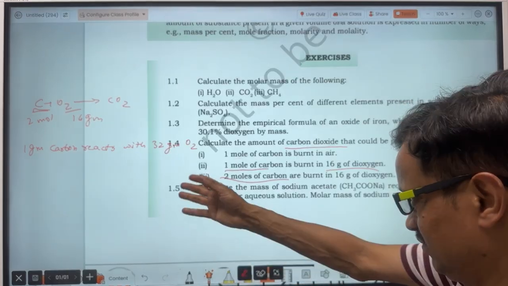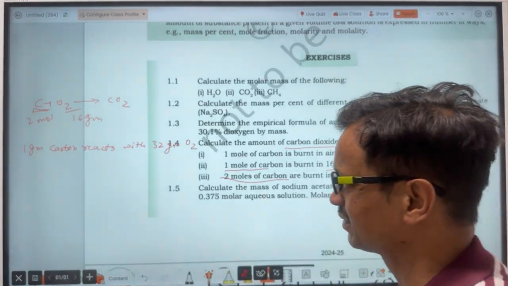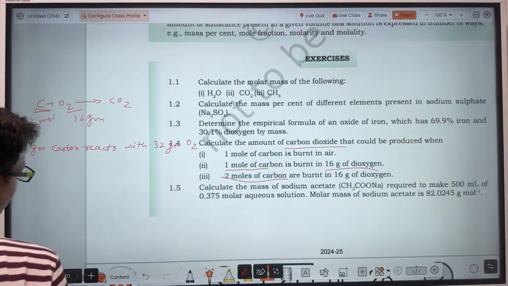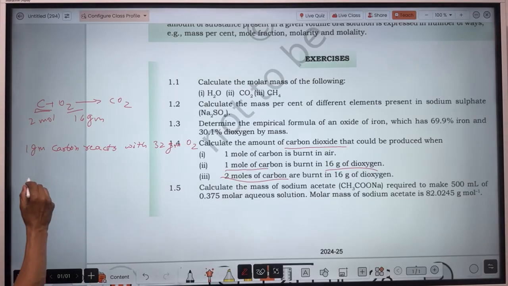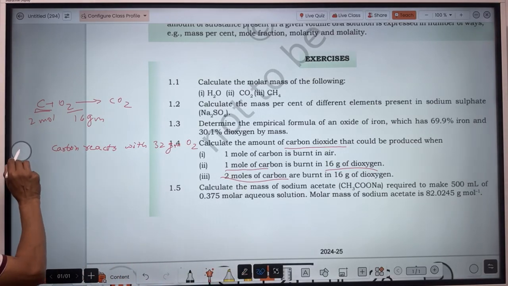You can do that also. 1 mole, not 1 gram, 1 mole of carbon reacts with 32 gram of oxygen.